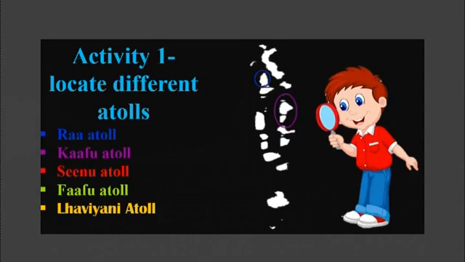We will use red color to circle this. And we will color or circle Faafu Atoll in green color. And for Lhaviyani Atoll, we will use yellow color. Yes, very good.